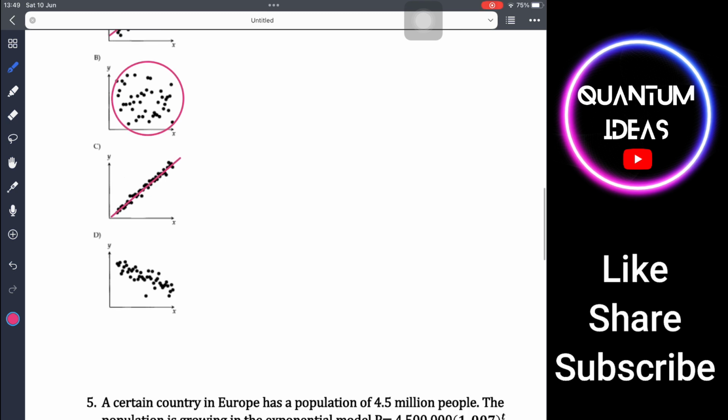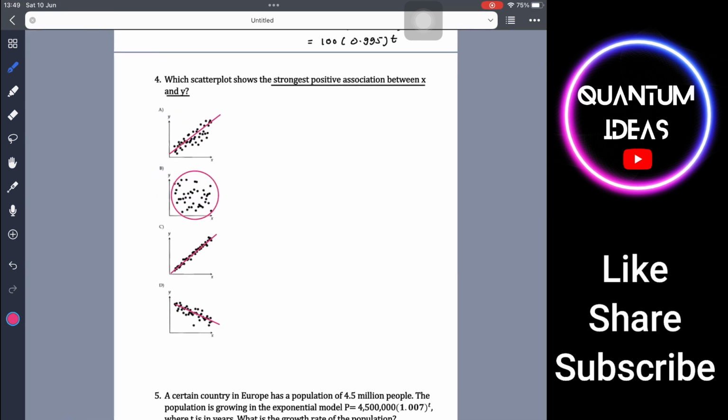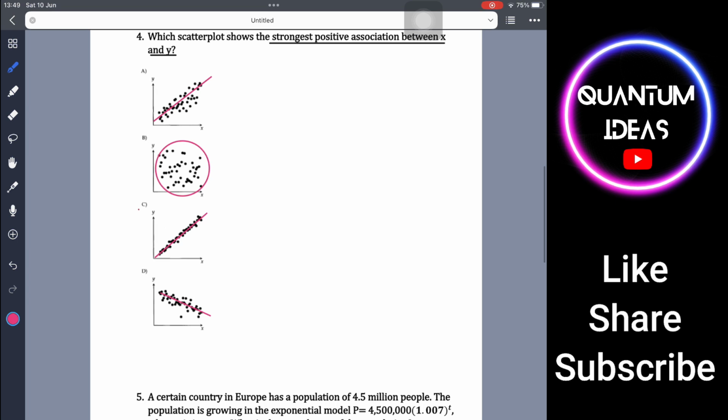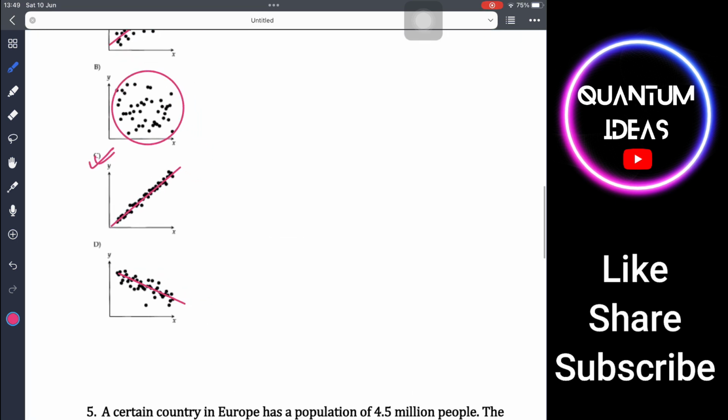And if you make another line here, you can also see that a few data points stick together at the line, but a few are away from the line. So the strongest association between x and y is shown by number C. Why? Because most of the data are linear, they are linearly modeled.